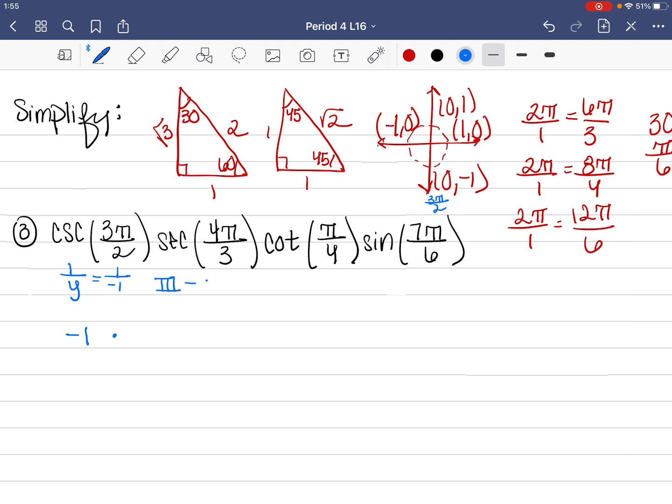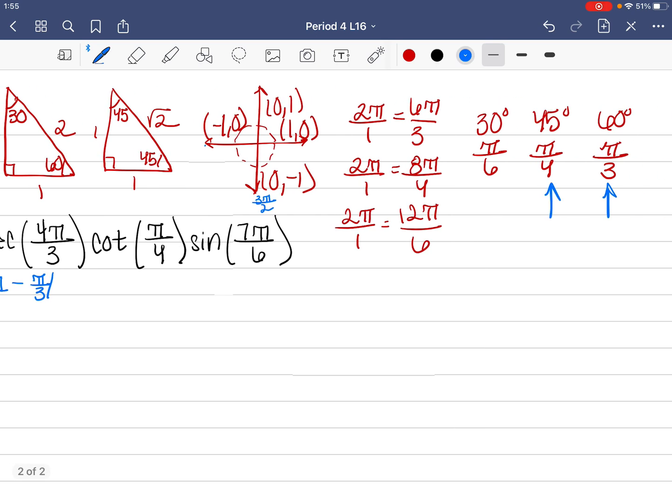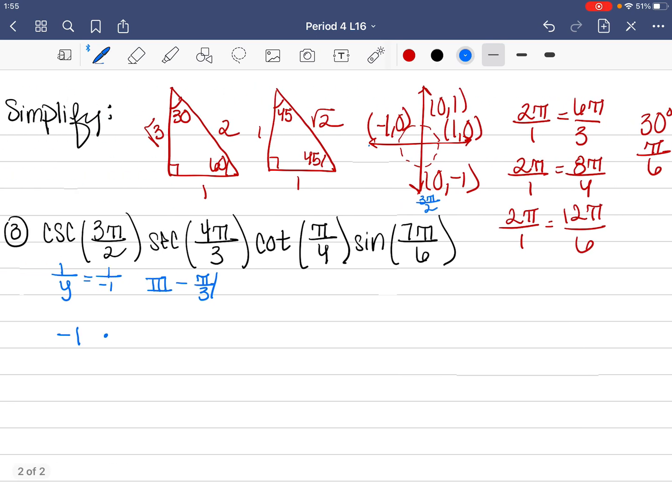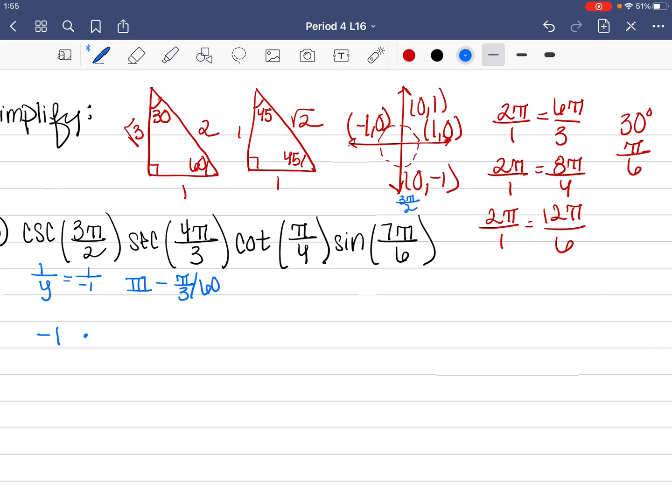The reference angle is that denominator there, pi over 3, which is, let's see, where's pi over 3? Oh, it's right over here. It is 60 degrees. That's on our pink paper. And then secant is hypotenuse over adjacent on that pink paper. So let's go to our 60 degrees, and let's do hypotenuse over adjacent, and we make it negative, okay?